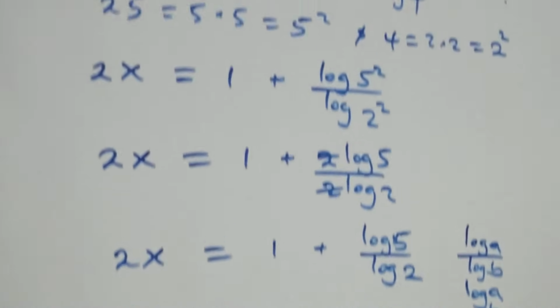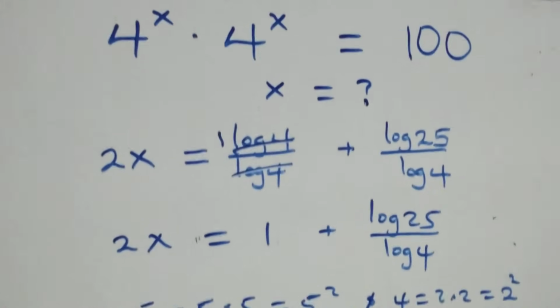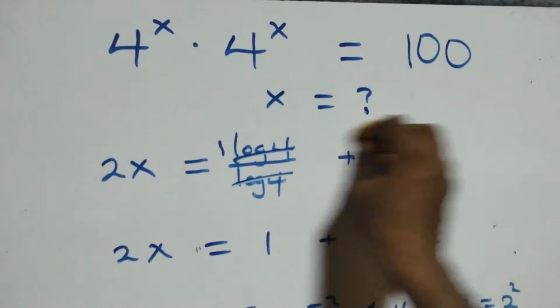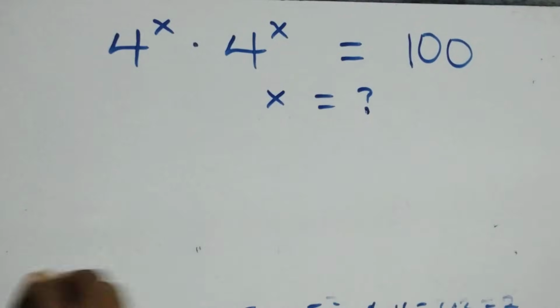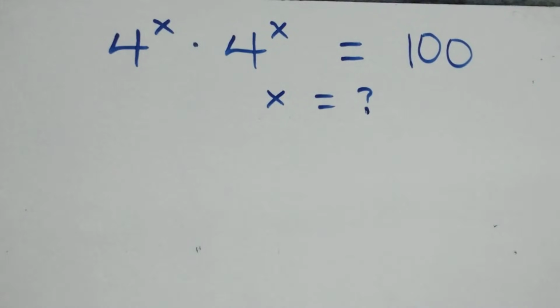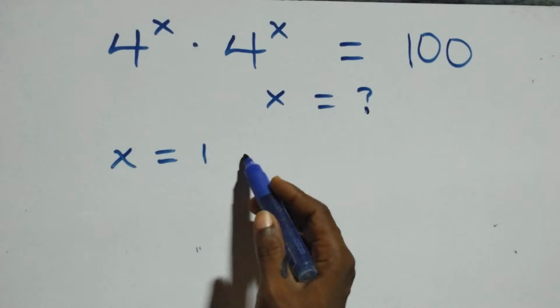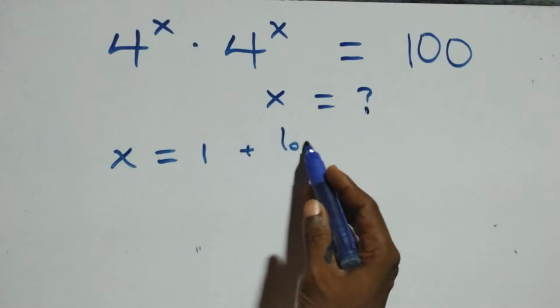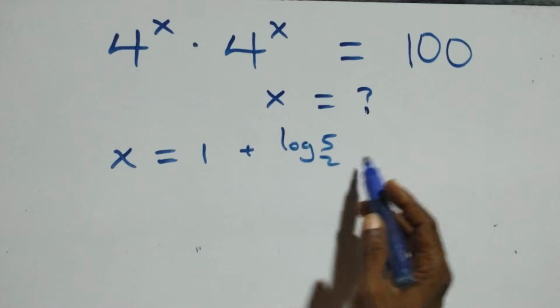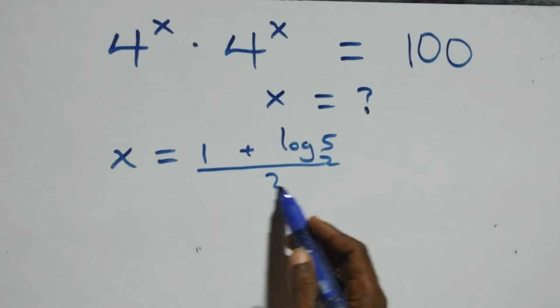We substitute the value of x here, which is x equals 1 plus log 5 base 2, all over 2.